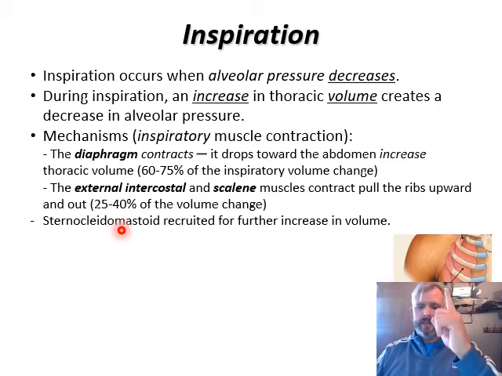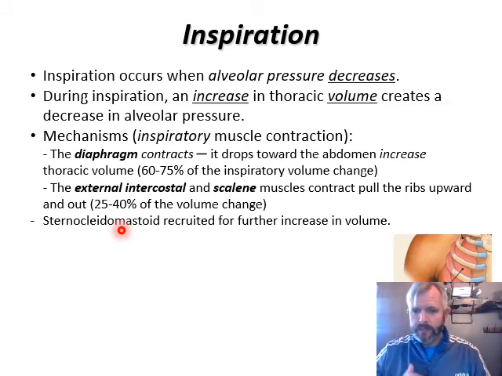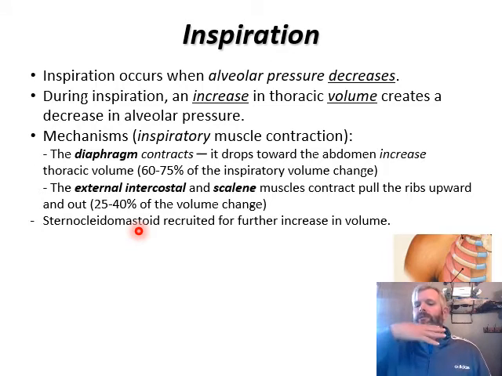With greater volume change comes greater decrease in pressure, and more air can move in. So that's what's taking place with inspiration. In quiet breathing, it's the diaphragm, external intercostals, and some of the scalenes. As we go into deeper breathing, we recruit more of the scalenes and also the sternocleidomastoids. Those are the muscles up here, tethered to the rib cage, that help bring the rib cage up and out.